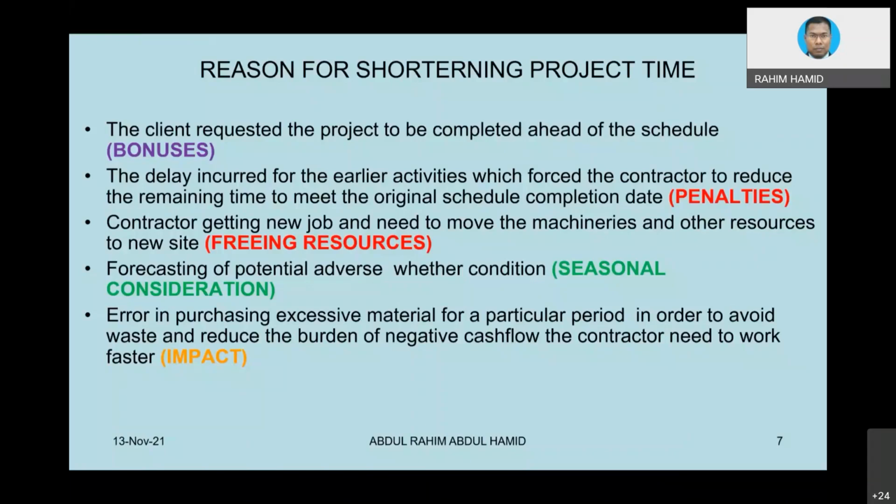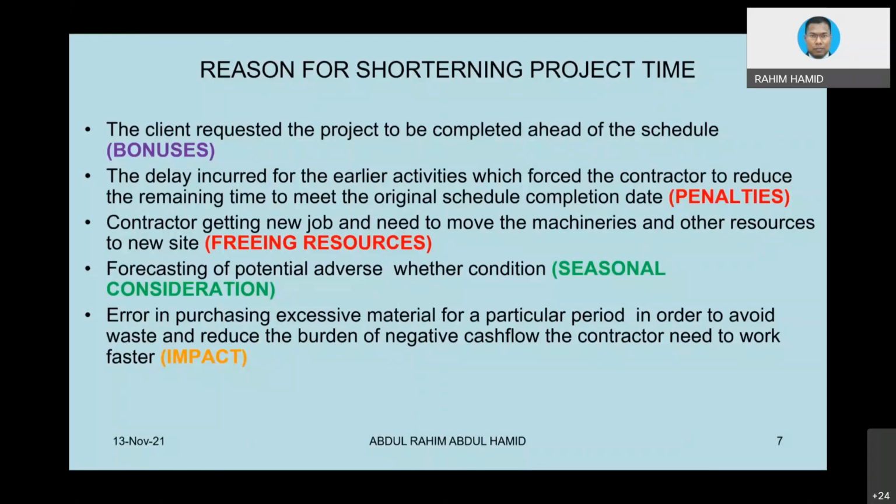So in order to make the contractor work much faster than usual, of course, you need to share your bonus. Let's say you complete the housing development in phase 1 much earlier, then you can sell off all your product much earlier and get all the profit.